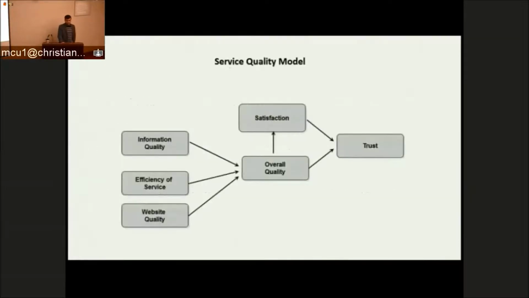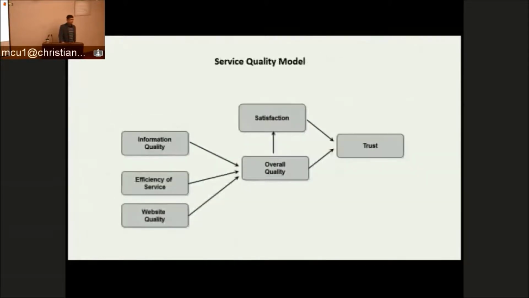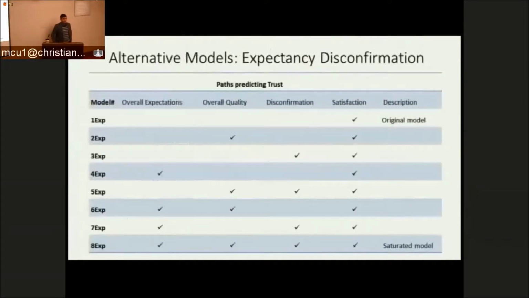So given these two models, the expectancy disconfirmation model and the service quality model, I would first create the alternative models. Okay? So these are the alternative models for expectancy disconfirmation theory.